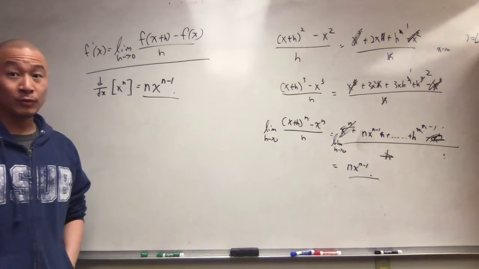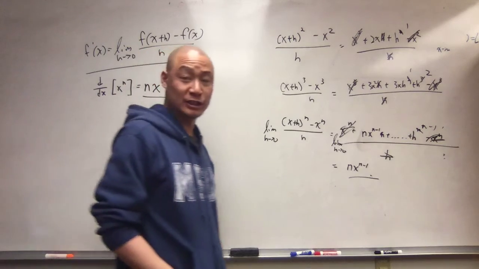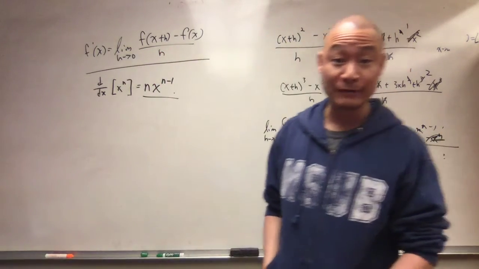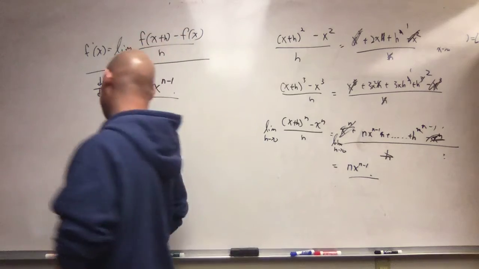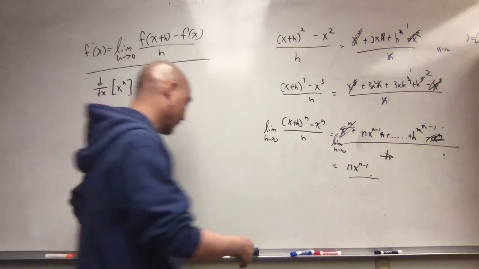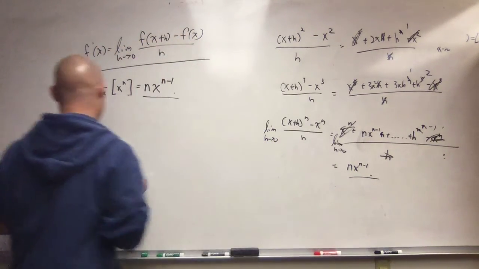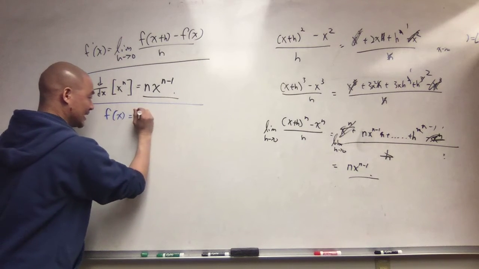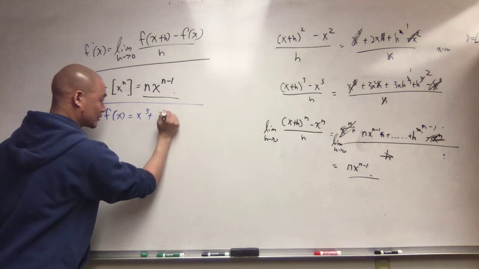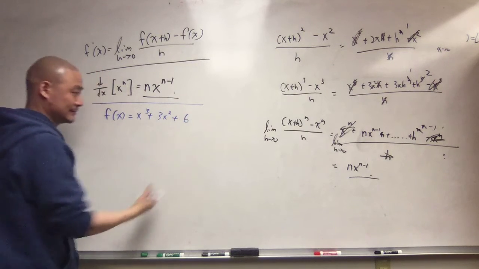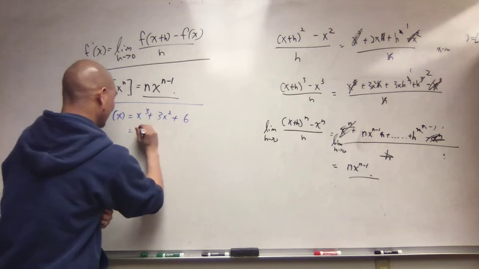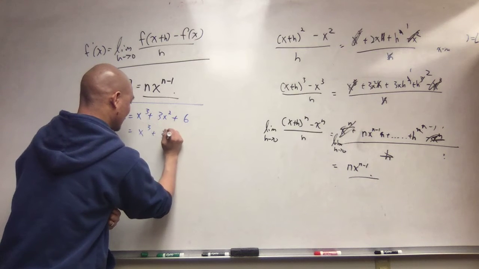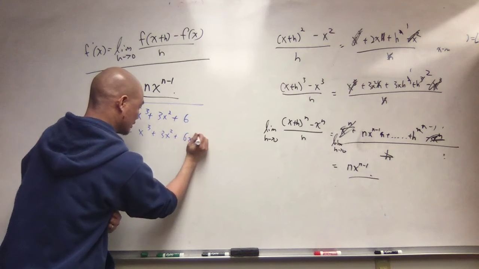And so once we've established these rules, we don't need to reinvent the wheel in order to establish what certain derivatives are. So for example, if f of x is x cubed plus 3x squared plus 6, this is the same thing as x cubed plus 3x squared plus 6x to the 0.